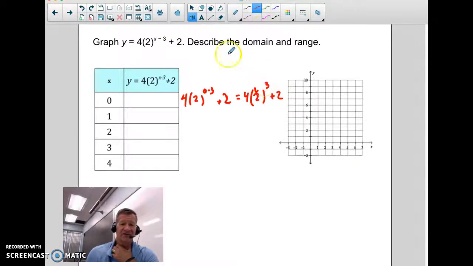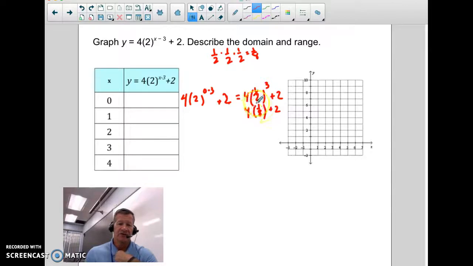Now what's a half to the third? Well, a half times 1/2, that's 1/4, times another 1/2. That's 1, 2 times 2 times 2 is 8. So that would be 1/8. So now we've got 4 times 1/8 plus 2.